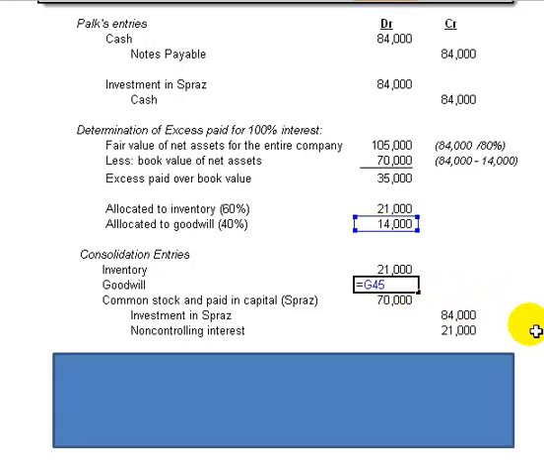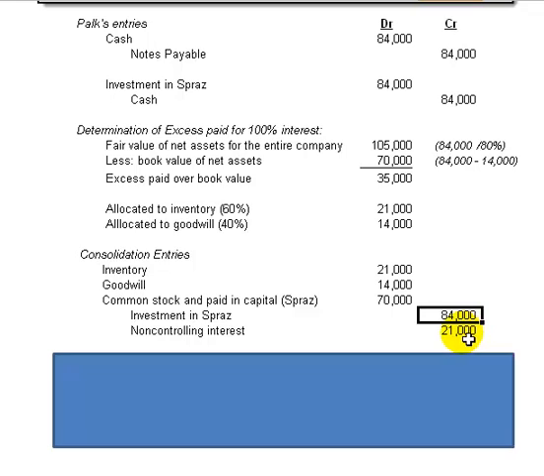We're going to write up the goodwill, since that isn't reflected on the books, and we have to enter it in terms of the consolidated entity, and that's $14,000. Now, we have an investment in Spratz on the parent's books of $84,000. We need to write that off when we consolidate because that will no longer appear. It's appearing in consolidated form, so we consider all the net assets.